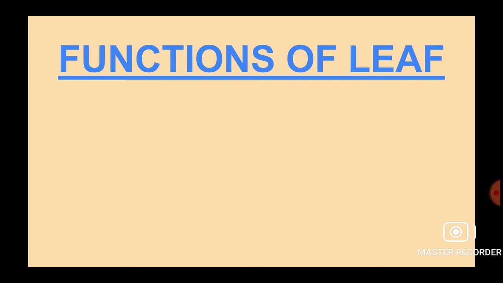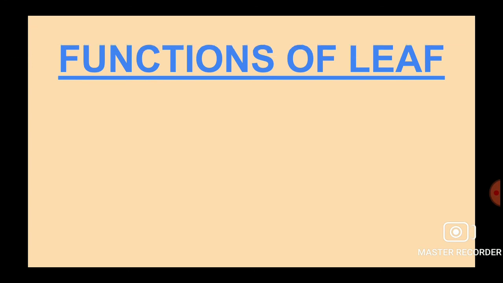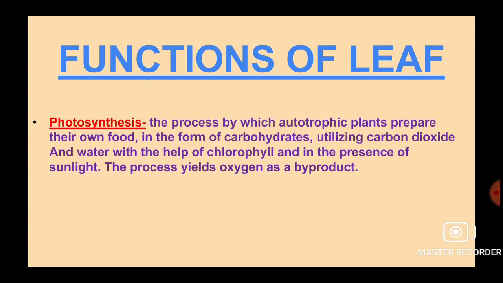So the first function was, yes, photosynthesis. And photosynthesis was the process by which autotrophic plants, which contain chlorophyll, prepare their own food in the form of carbohydrates, or you may say sugar. But I am sure that you are very much aware of what carbohydrates are. They are simple sugars, right?